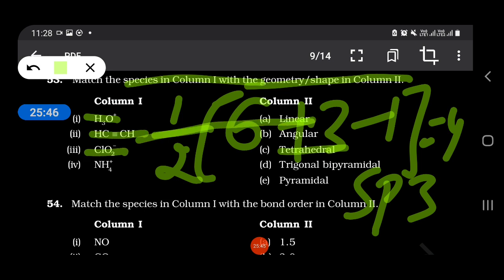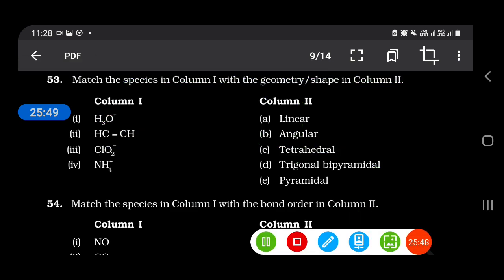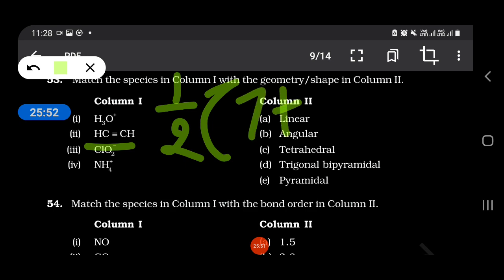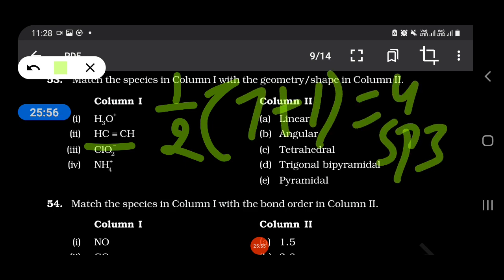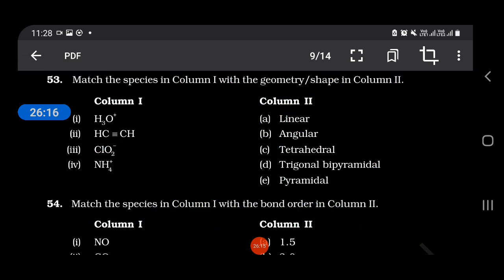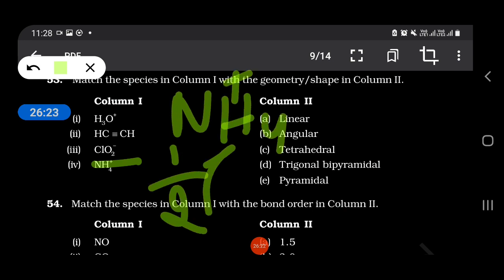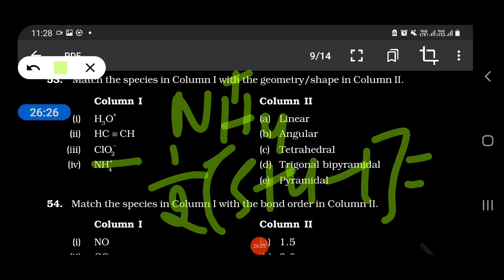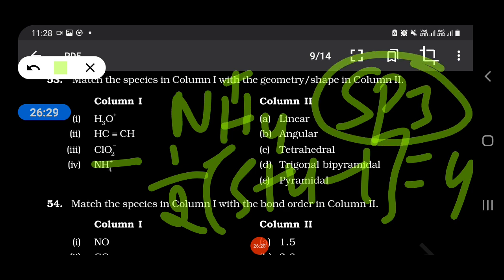And ClO2, half of 7 plus 1, that is 4, sp3, so it will be angular, because 2 electron pairs will be there on Cl and O. And in case of NH4 plus, half of 5 plus 4 minus 1, that is 4, sp3, so our answer is tetrahedral.